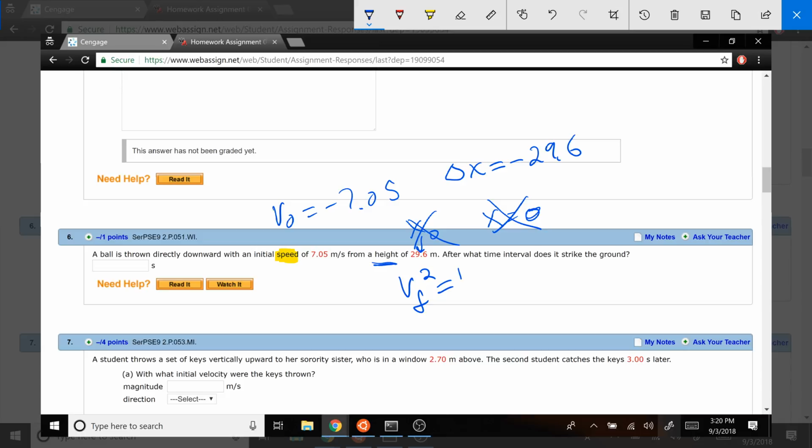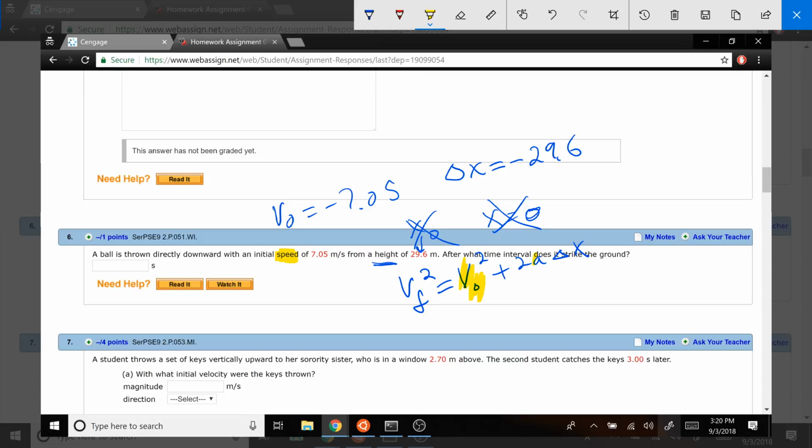I wouldn't, like if I was taking a test or a quiz, I'd just go for it. Just do the quadratic. But you could do both to check your answer. Again, if I go through the list of what I have and what I don't have, I have V naught. It's negative, and when I square it, that won't matter.